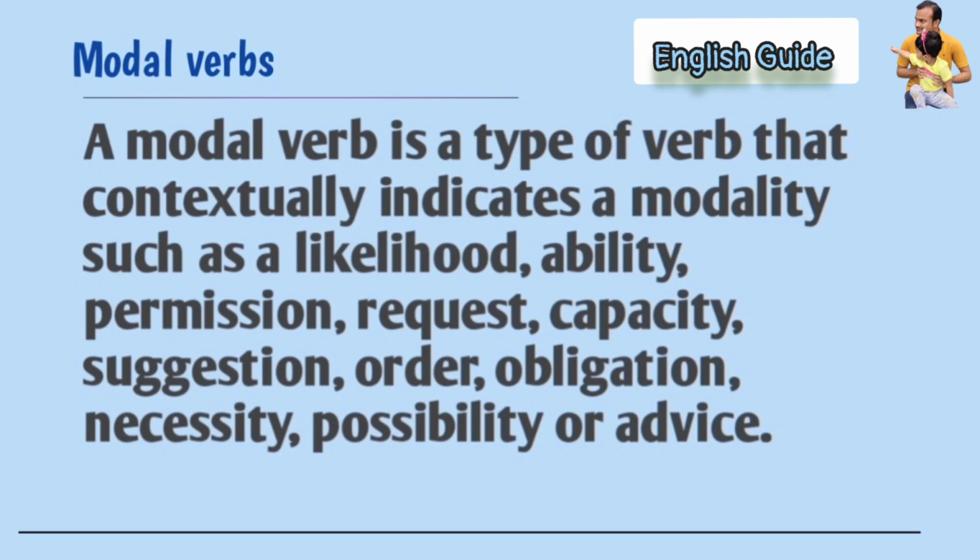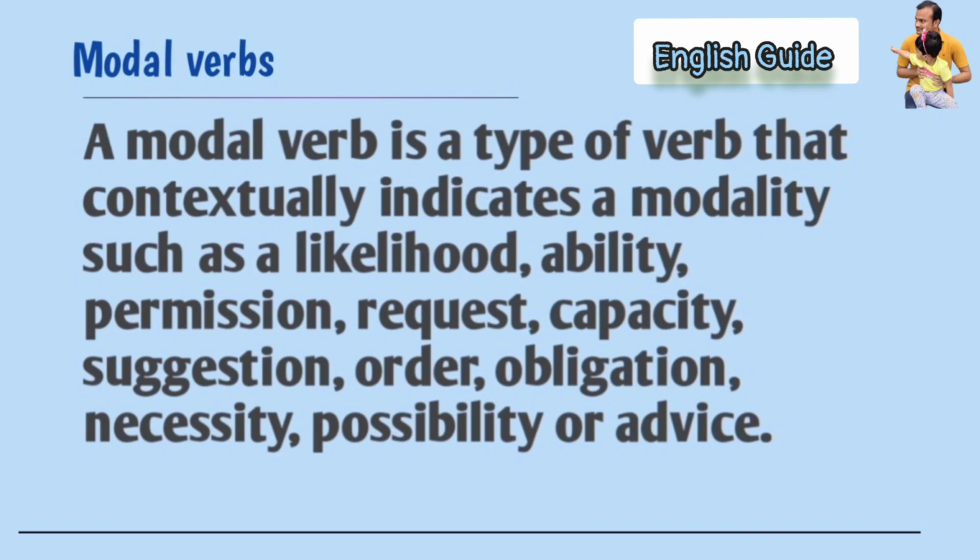Coming to modal verbs. A modal verb is a type of verb that contextually indicates a modality such as likelihood, ability, permission, request, capacity, suggestions, order, obligations, necessity, possibility or advice.